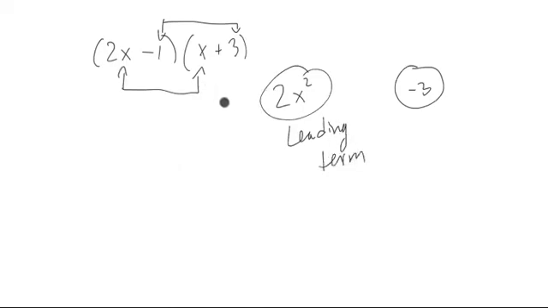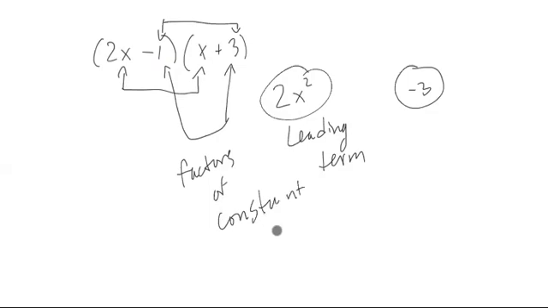In general, notice that this 3 and this -1 are factors of the constant term. Do you see this guy and this guy right here? They multiply together to give you the leading term.